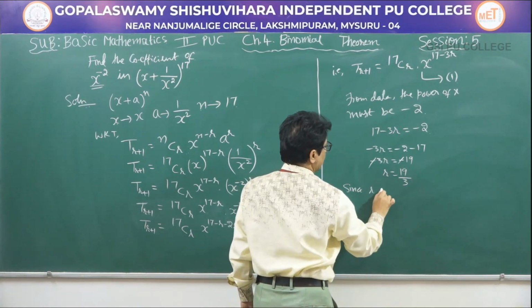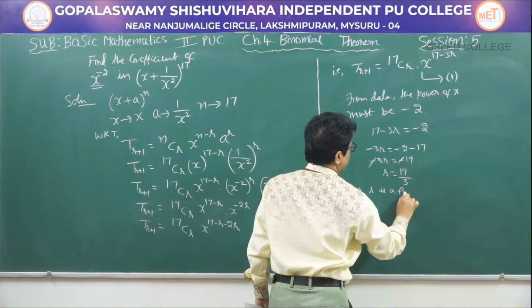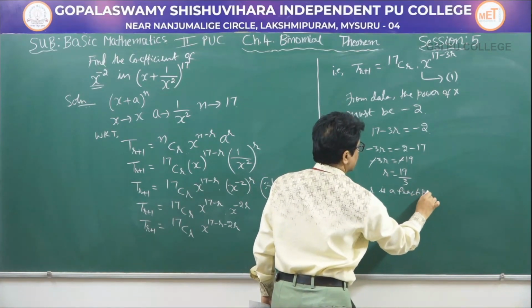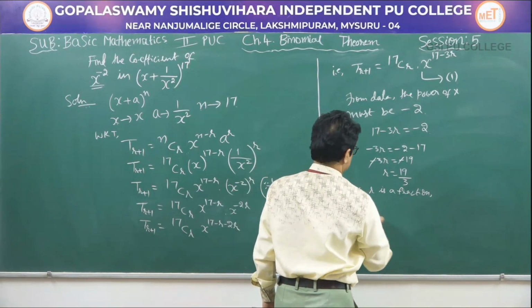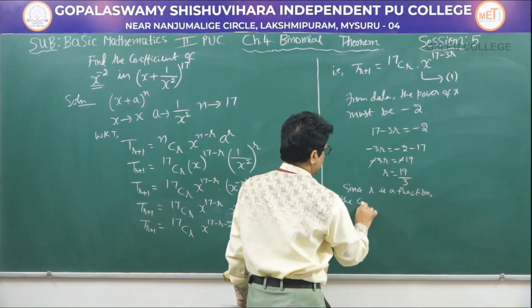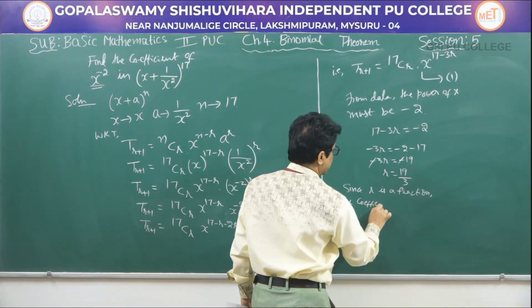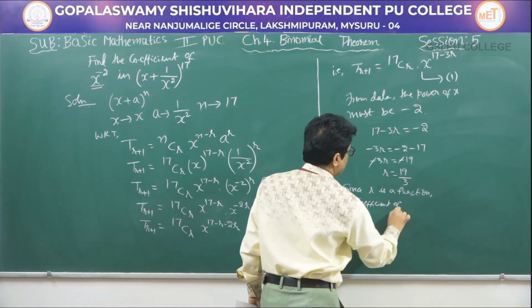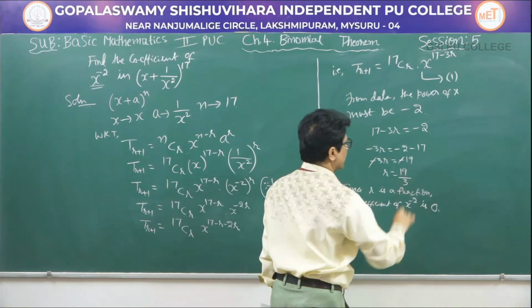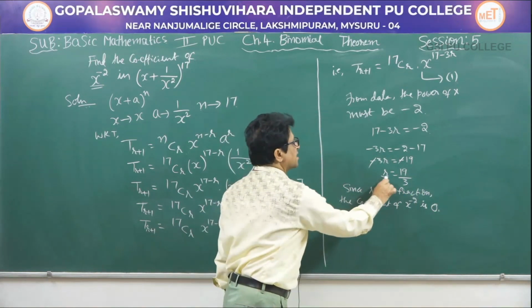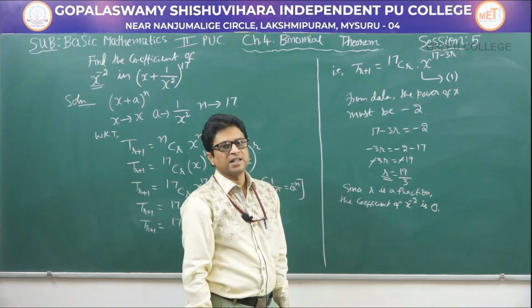Since r is a fraction, the coefficient of x^(-2) is 0, because r is nothing but the rank of the term.